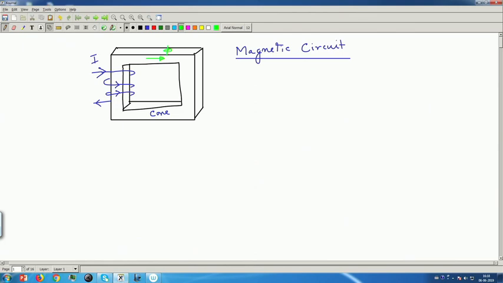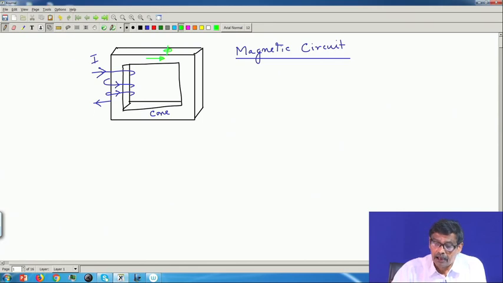The direction of the flux will be, as you know, you wrap your fingers around the coils and the thumb will give you the direction of the flux produced. Of course, if it is a constant DC current, whatever flux is produced inside the core will also have constant values.